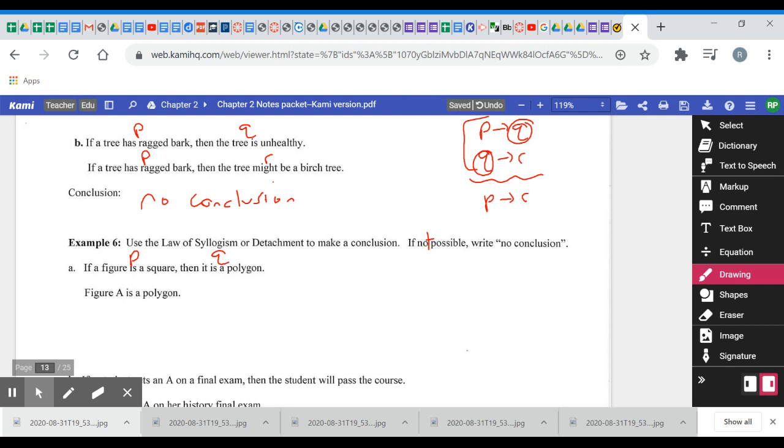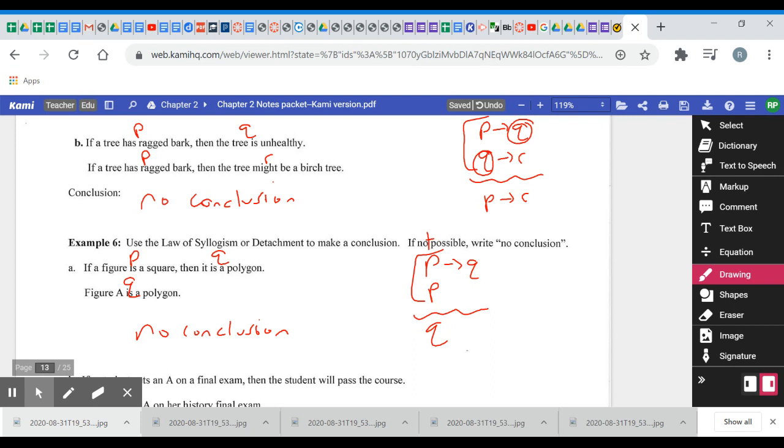Again, think about if that's restating P or Q. And in this case, it's restating Q. So again, it's trying to make me think that it's detachment. But law of detachment should be set up like this at the beginning. And that is not what I see here on example 6A. So no conclusion. If I tried to make a conclusion out of that, it's not going to make sense.